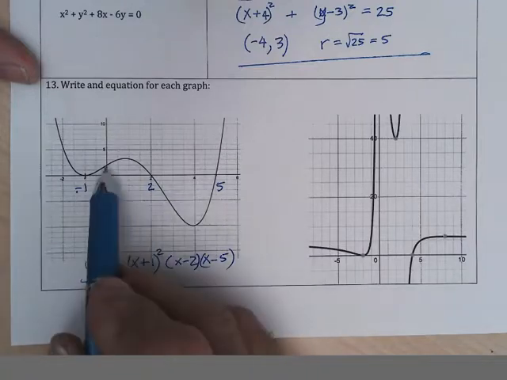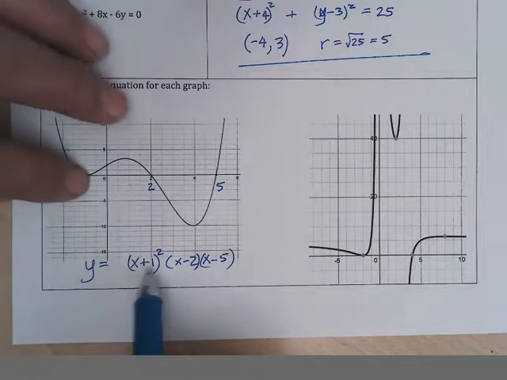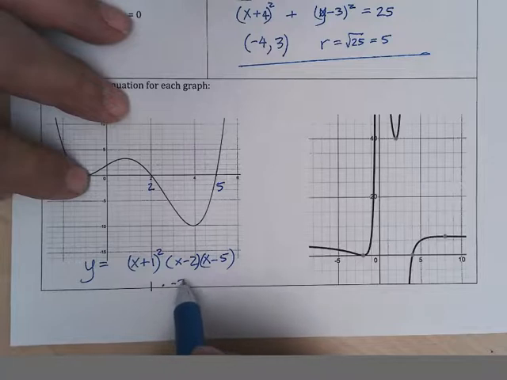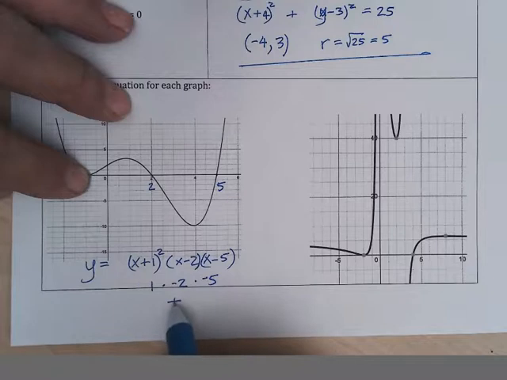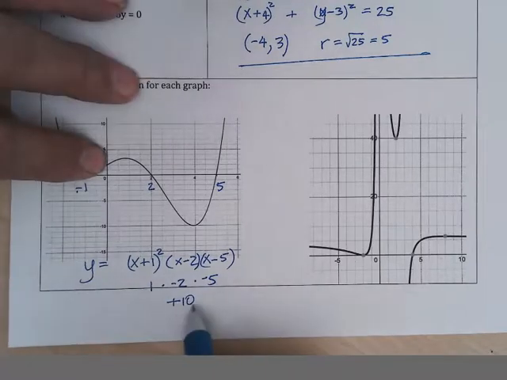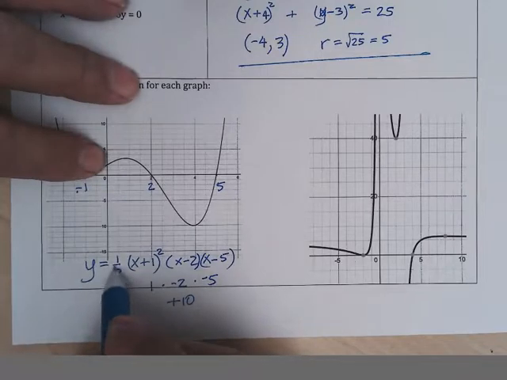And it has a y-intercept of 2. If I put 0 in here, I get 1 times minus 2 times minus 5, which is plus 10, and it's supposed to be at 2, so I have to divide by 5.